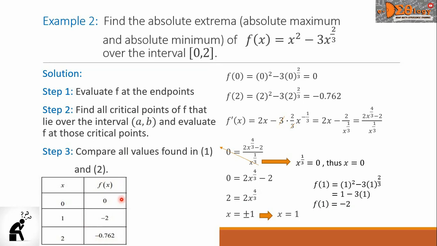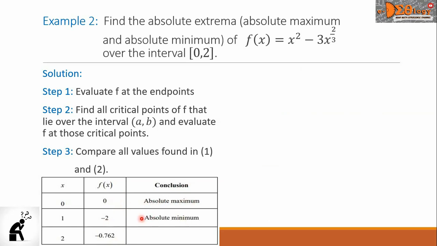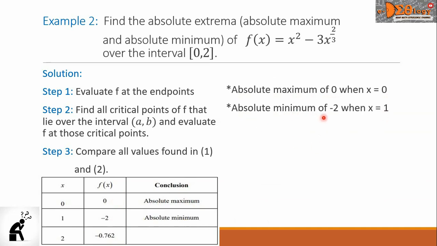Which one is the highest, which one is the lowest? We can see here that the highest is 0 and the lowest is negative 2. So the conclusion is, we write here the absolute maximum and we write here the absolute minimum. In words, we may write absolute maximum of 0 when x equals 0. Absolute minimum of negative 2 when x equals 1. This is our final answer.